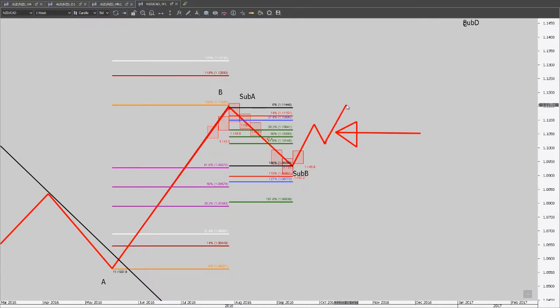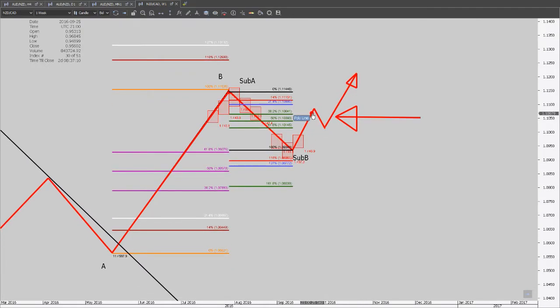So if the market is going to break the B and is going to break the sub A, what it just did? Well, it made a higher high. So this retracement inside the sub A sub B boundary was an extension in reality of the AB, of the original Fibonacci. Now the problem is, before this happens we don't know.